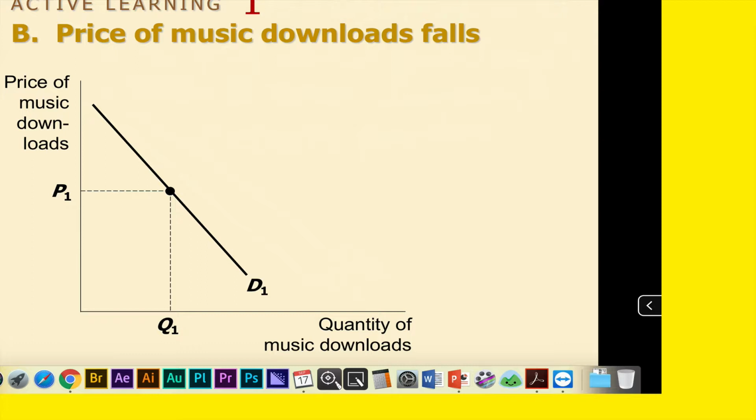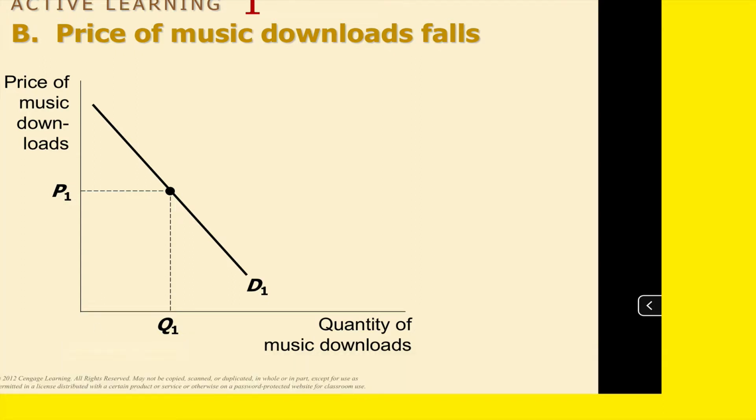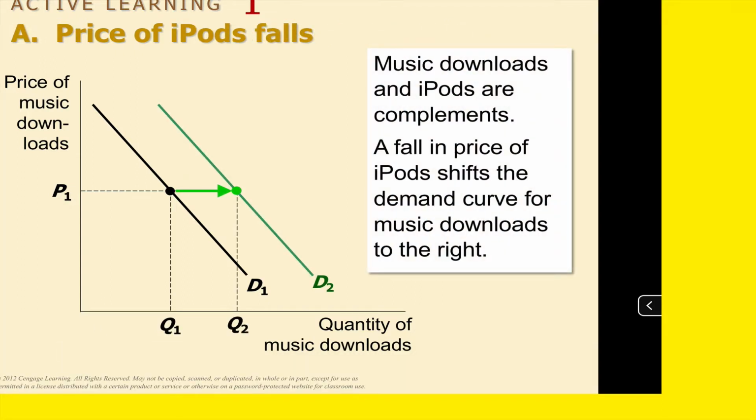No, I have a question on that. Yeah. On the last one? Yeah, I thought it wouldn't shift, it would just move along that line because the price is on the graph. Okay. Said he thought that it wouldn't shift. What are we graphing?